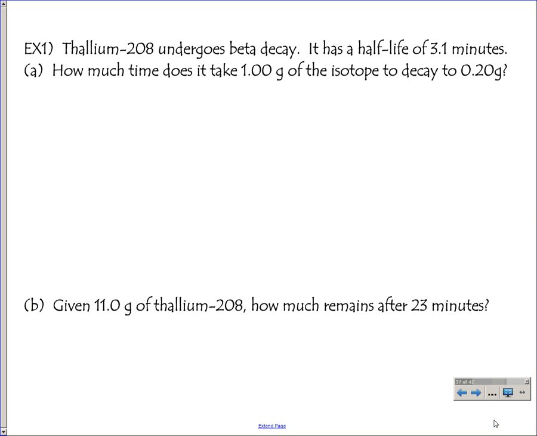Okay, so first of all, we're given that thallium-208 undergoes beta decay. We don't really care about any of that, that's just information. It has a half-life of 3.1 minutes. That we need to know. How much time does it take for 1 gram of the isotope to decay to 0.2 grams? So here we go. Here are our givens.